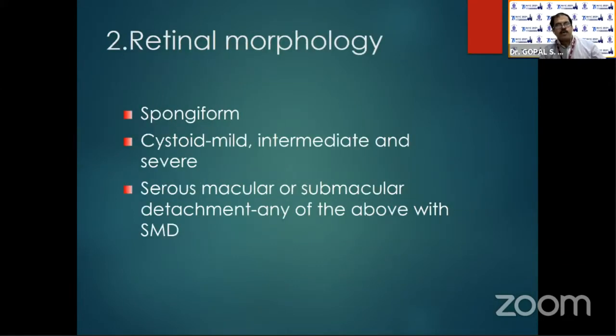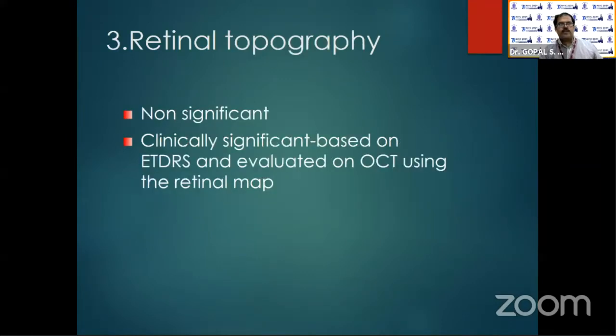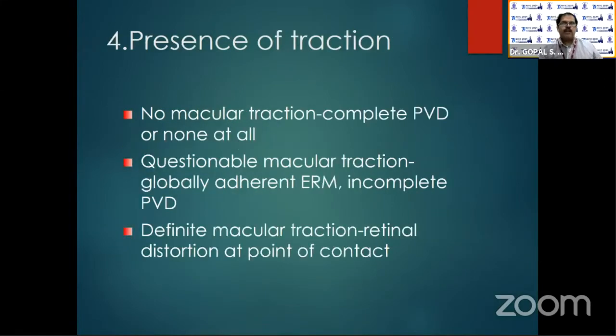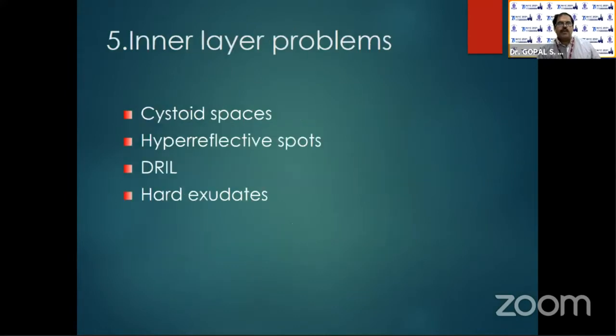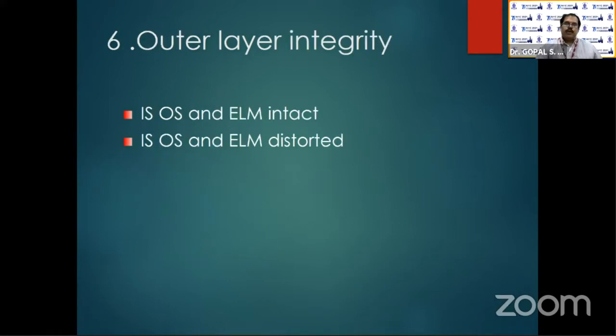The morphology I already mentioned, spongiform, cystoid, serous macular detachment, etc. Topography is non-significant macular edema versus clinically significant. Presence of traction based on the vitreomacular interface, and inner retinal problems like cystoid space, hyperreflective spots, drill and hard exudates, and then outer retinal integrity, ISOS, ELM, intact or distorted.